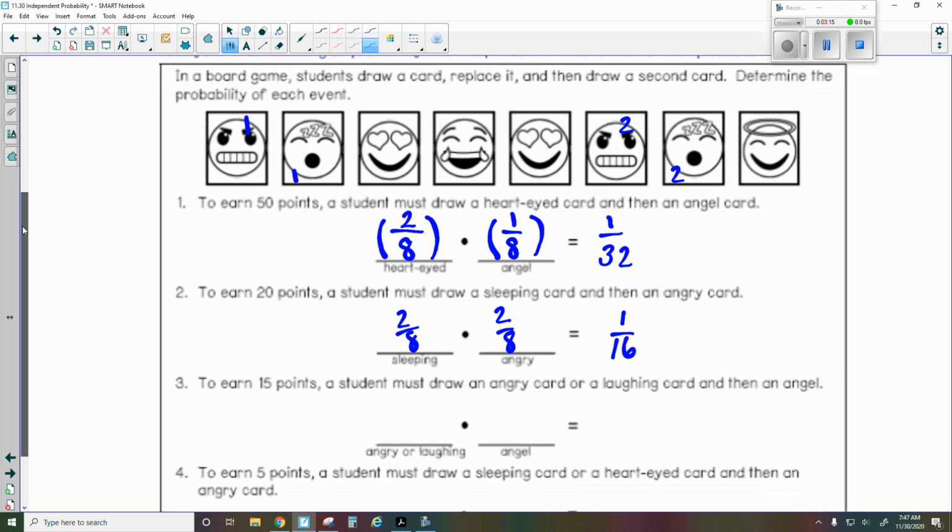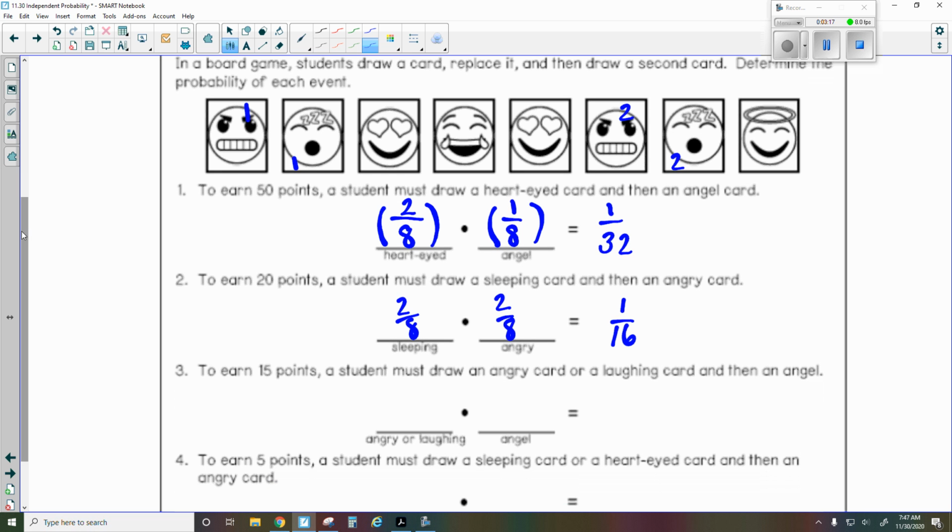Let me scroll down a little bit and let's look at number 3. To earn 15 points, a student must draw an angry card or a laughing card and then an angel card. Okay, so an angry card or a laughing card is together. How many angry cards and laughing cards are there?